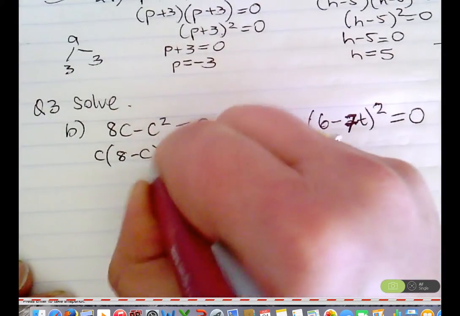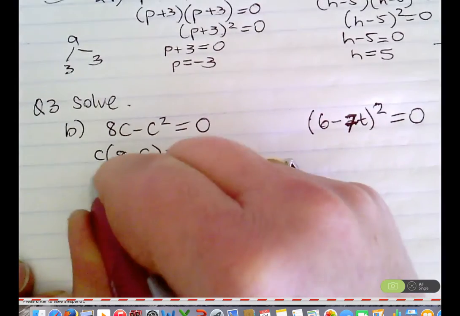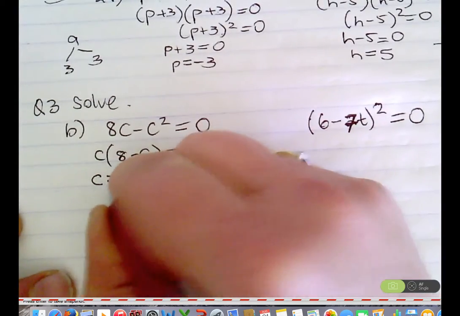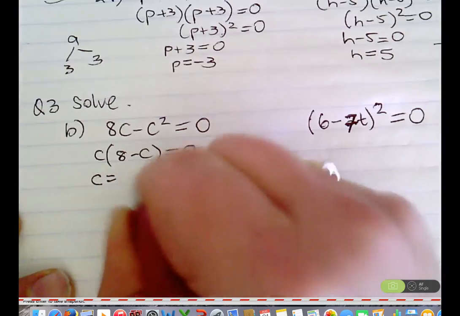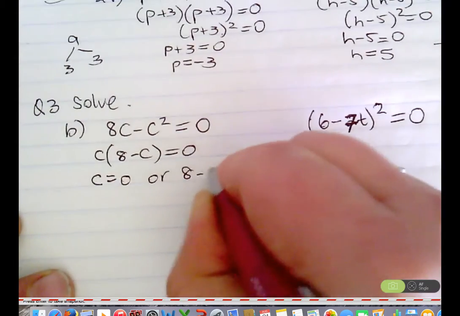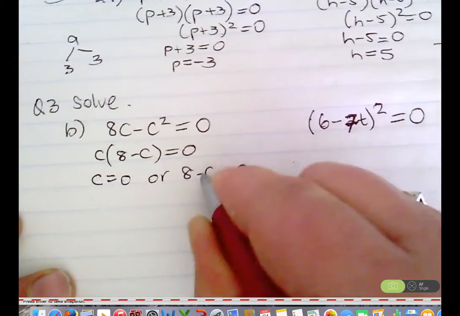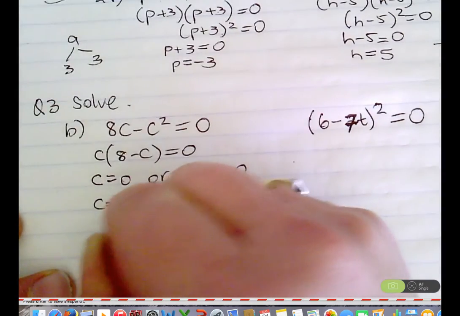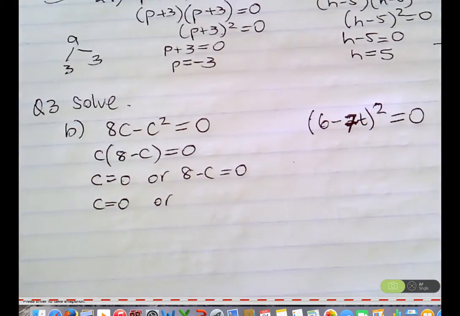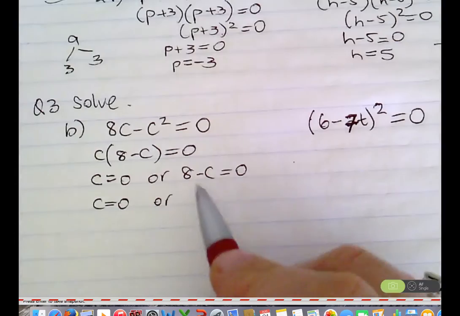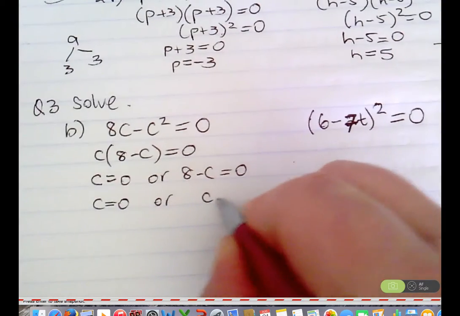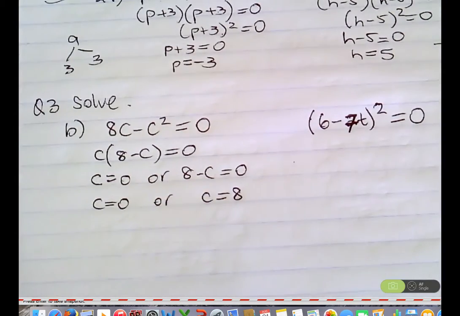Now this one's okay to do this way, okay? I'm going to show you that. So therefore c is what? Or minus c is 0. Be careful, take that c to the other side now. c is 0, or just look at it and tell me what c would have to be here. 8. Can you see? 8 minus what is 0?